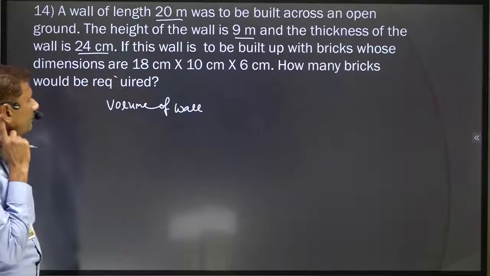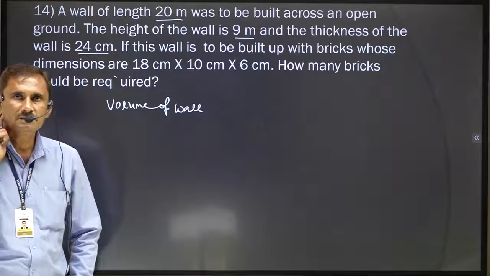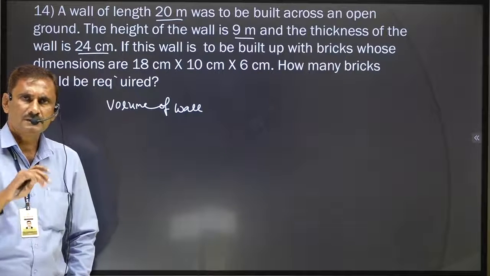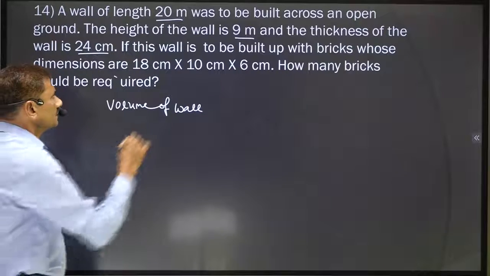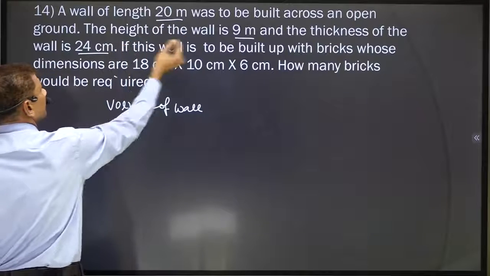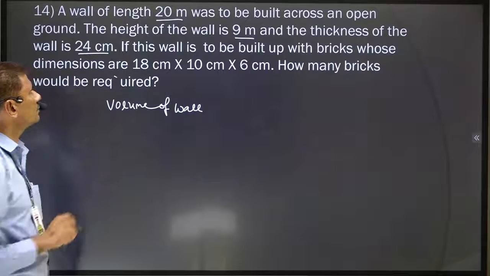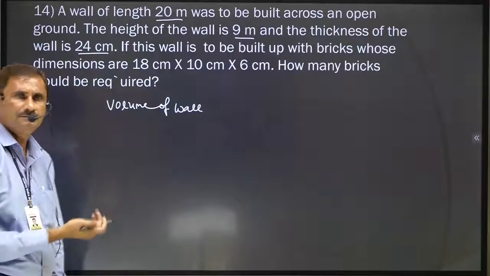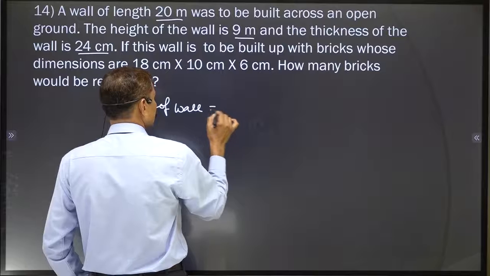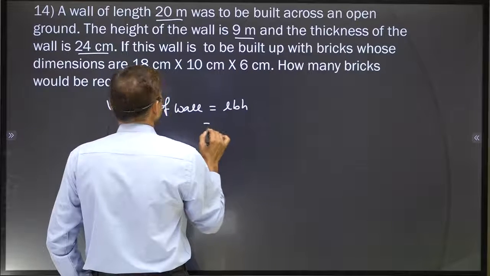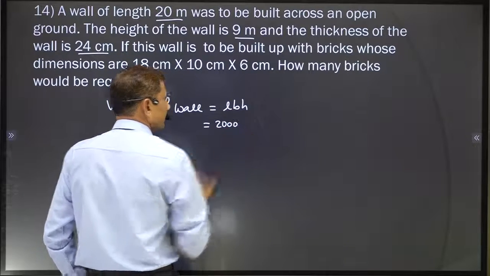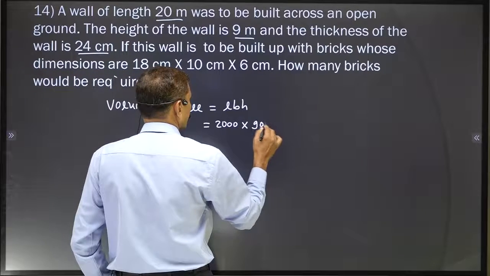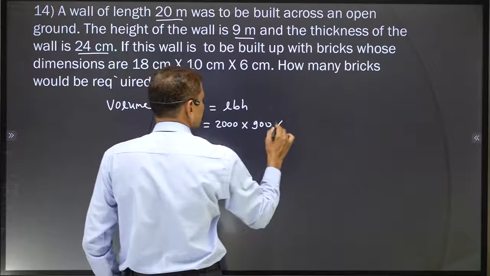So either write all measurements in centimeter, otherwise in meter. I prefer to write everything in centimeter, because so many centimeters are there, only 2 measurements are in meters. So I am going to convert 20 meter and 9 meter into centimeter directly. So the volume of the wall equals L B H. So it will be 20 into 100, 2000, 9 into 100, 900, and it is already in centimeter, 24.